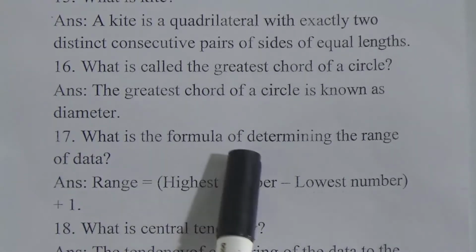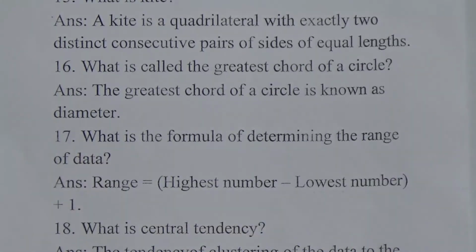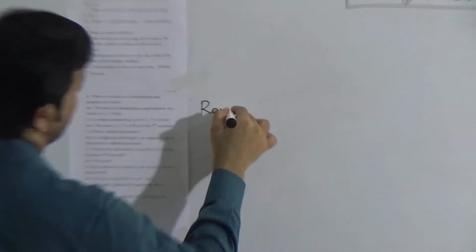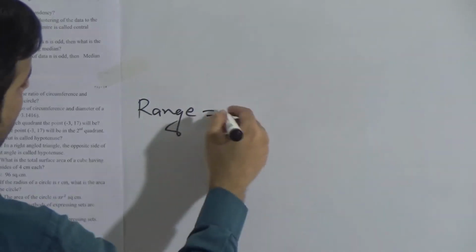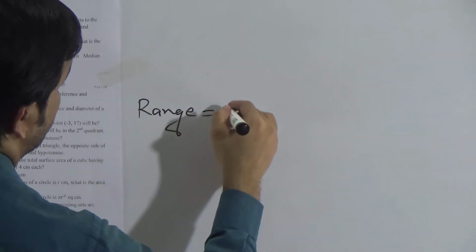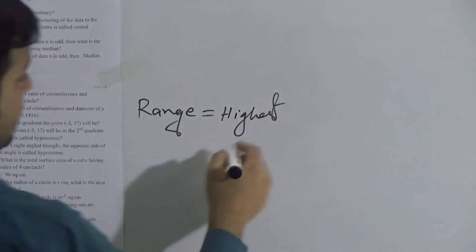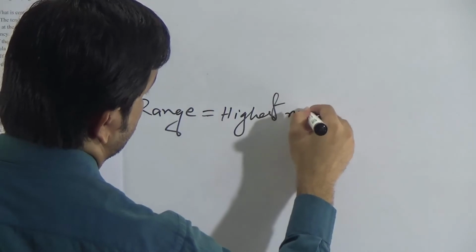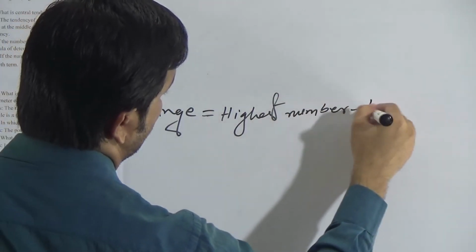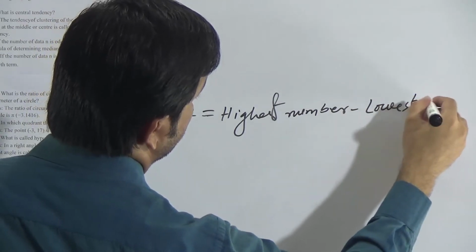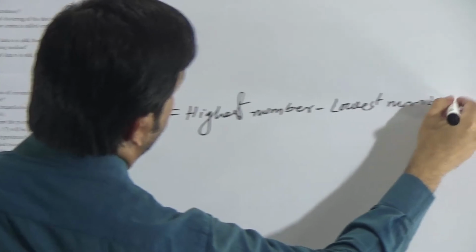17. What is the formula of determining the range of data? Dear students, you know the formula of determining the range of the data. So we can write here range equal to highest number or highest data minus lowest number or lowest data, plus 1.